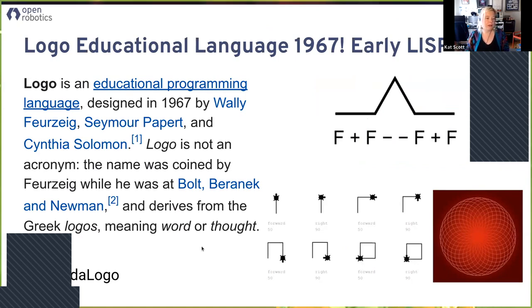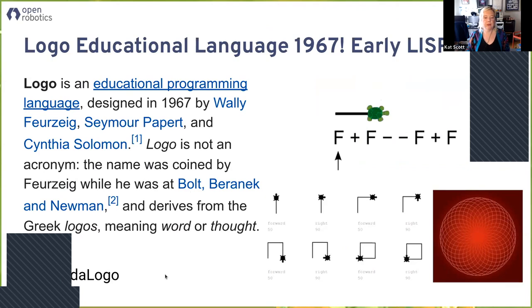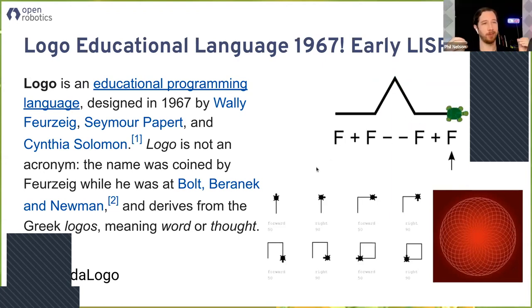I put a really nice little article about the history of Logo down here in the corner. It's just this really simple language where you assume that you're a turtle and you can go forward, rotate left, rotate right, go forward, and you can build fairly complex graphics out of a turtle. Those were all the commands available to you to draw.